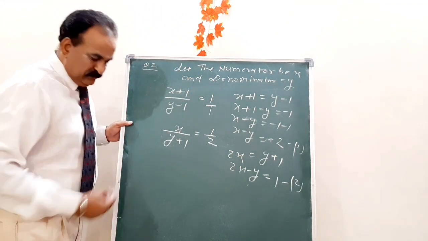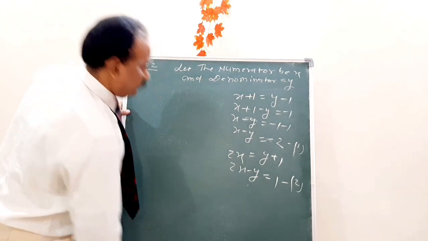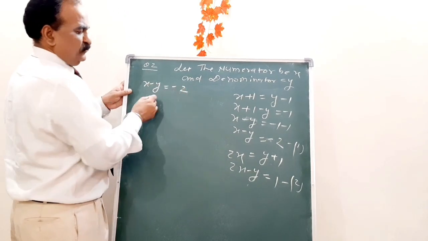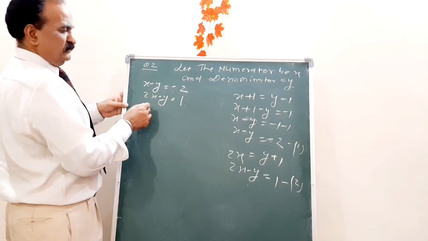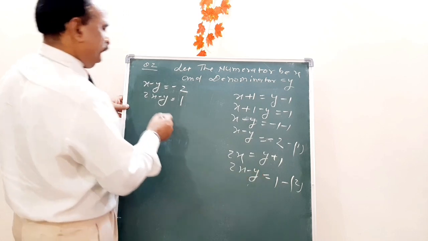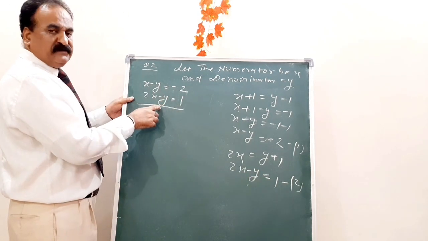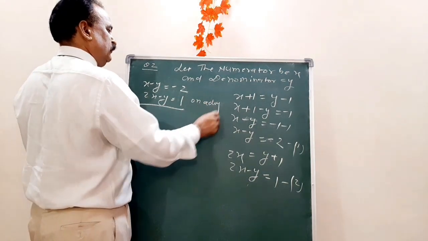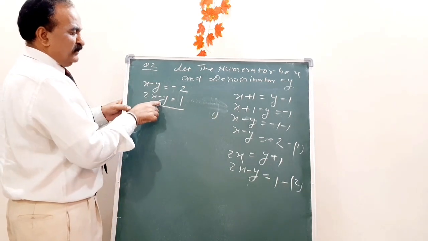Now can you solve? Let us see. x minus y is equal to minus 2 and 2x minus y is equal to 1. Okay? This is minus y, this is minus y.